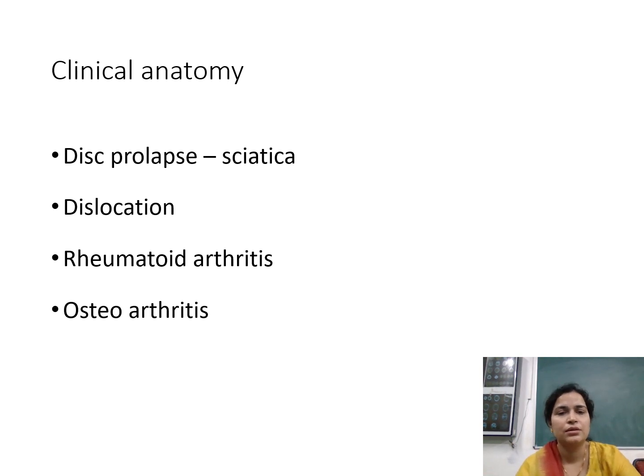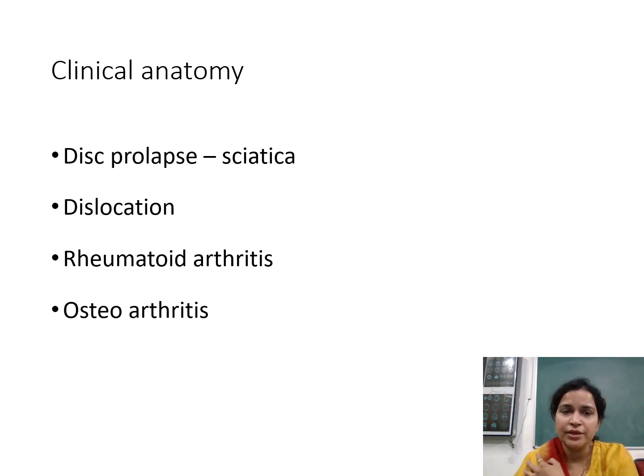Then there is the dislocation. If any bone is dislocated from its joint cavity, then it is called dislocation. In case of the shoulder joint, the head of the humerus, if it slips from the glenoid cavity, then it is called dislocation.